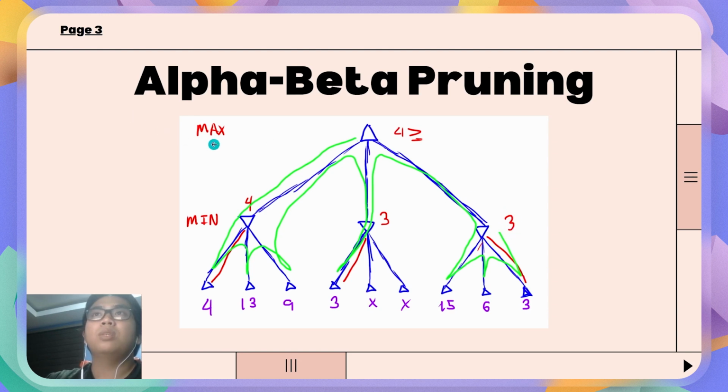Player 1 will see this, and they will say, oh, so I encountered a 3 here. However, I've already seen a 4 on the first node here. Therefore, I do not need to explore the third node at the second layer.